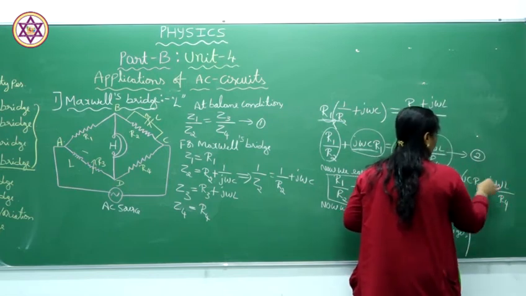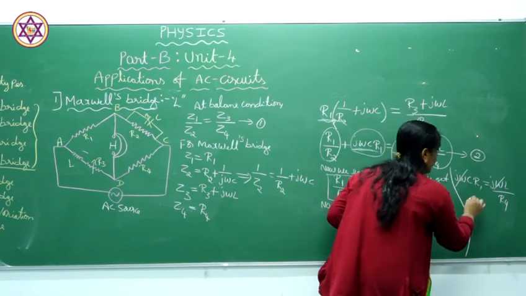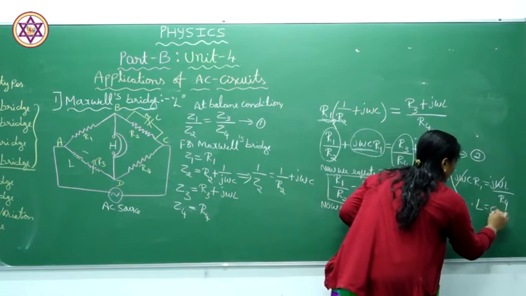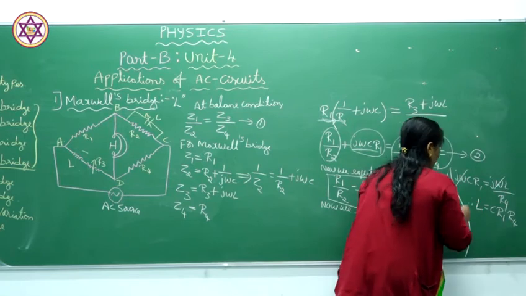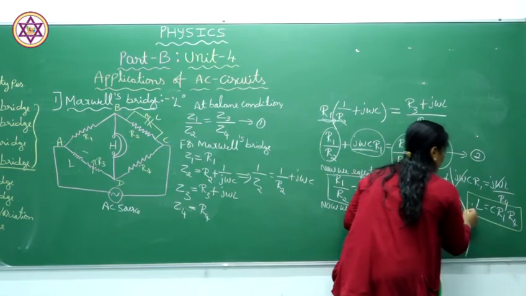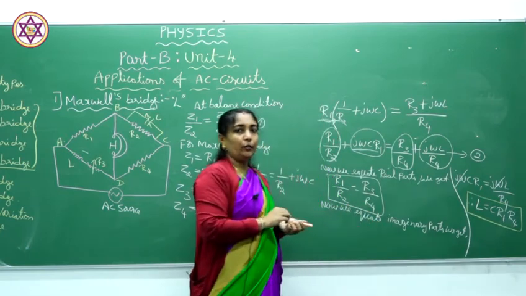So j omega gets cancelled. Therefore L is equal to C R1 into R4. So this gives the expression for the inductance of the coil.